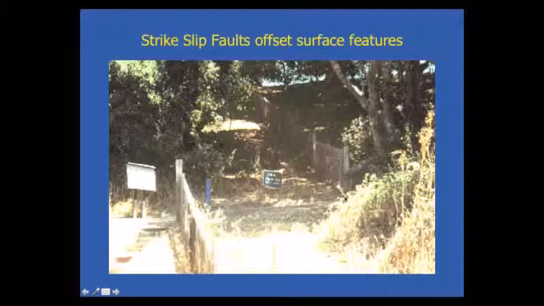So would this be a right lateral or a left lateral strike-slip fault? This is the fault trace. If you're standing at the fault looking across, you'll notice that the features have been offset to your right. So this is a right lateral strike-slip fault.